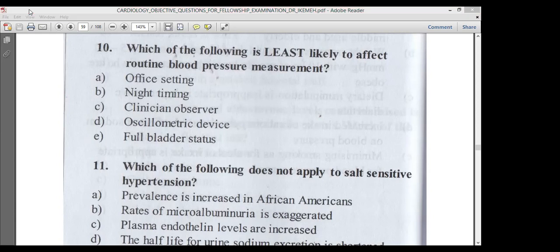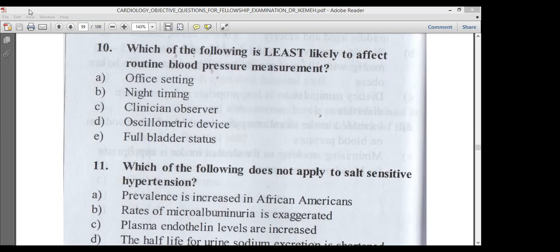Another way that I was looking at the question was that the office setting, most times, will increase the BP. Clinician observer, I felt it can also increase. Oscillometry can increase. Full bladder will definitely increase.